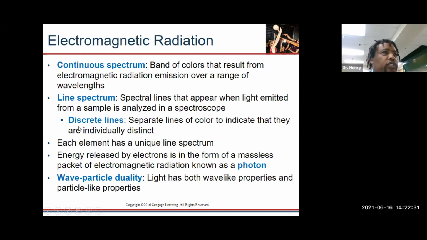And remember, I just told you that light has a dual characteristic. It has a wave particle duality. And so photons are basically just bundles of energy that the electrons are going to be basically emitting, okay? Or light that the electrons are going to be emitting. So a photon of light is just that energy that's being released, okay?